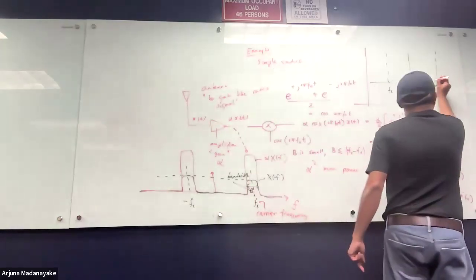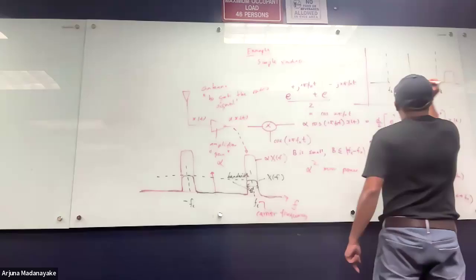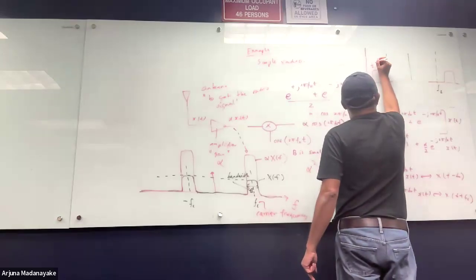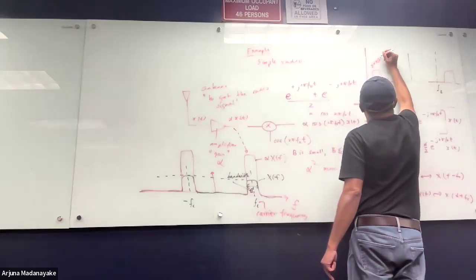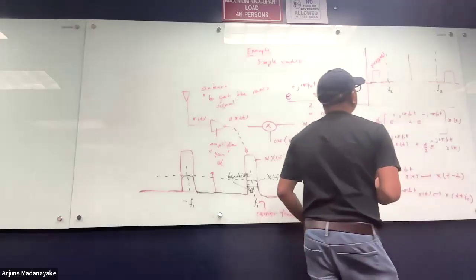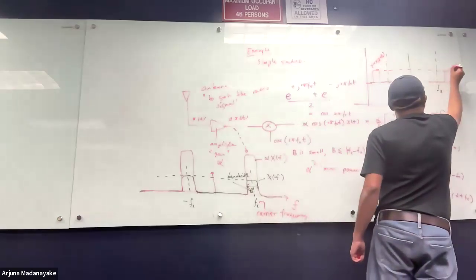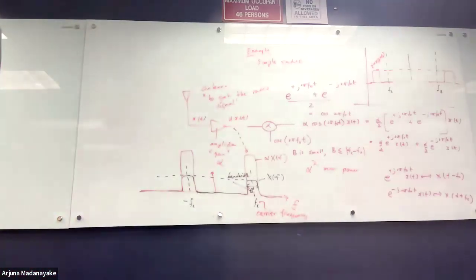So this is half X. And then I'm going to get a second copy that is shifted down.